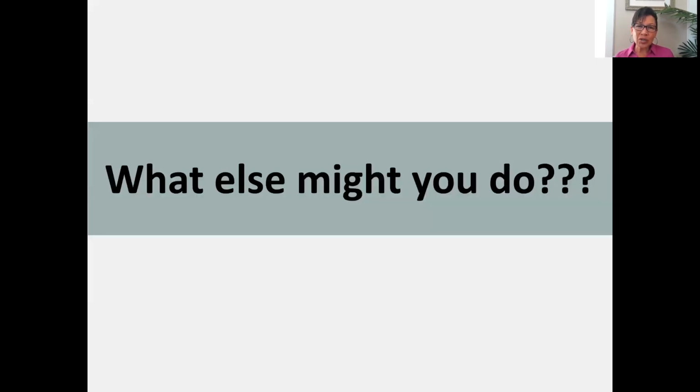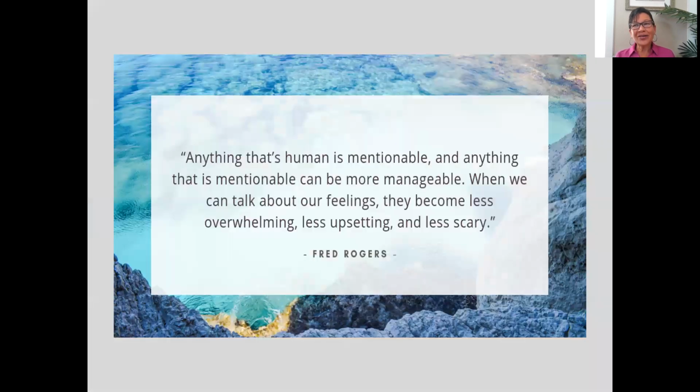So, as we think of social emotional learning, it's important for you to also think about what else you might do in a classroom setting to make this happen. And then in closing, as a final thought, I'd like to reflect upon something that was said by the indelible Mr. Rogers, who was a practitioner of social emotional learning, social justice, and equity, and a supporter of children.